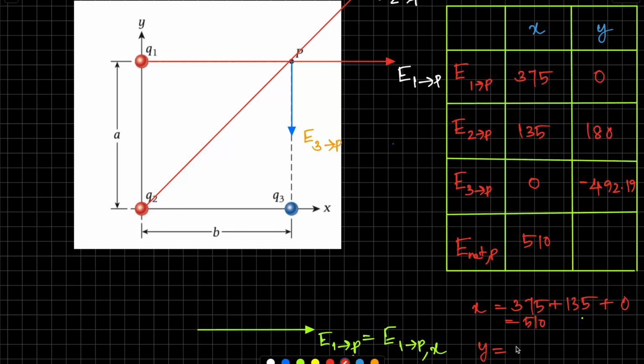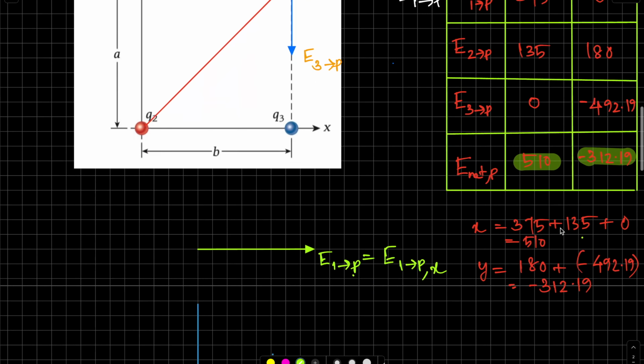What about the y component? 180 plus minus 492.19 plus 0 is minus 312.19. That's it. We got our answer. This is the x component and this is the y component of our net electric field vector.